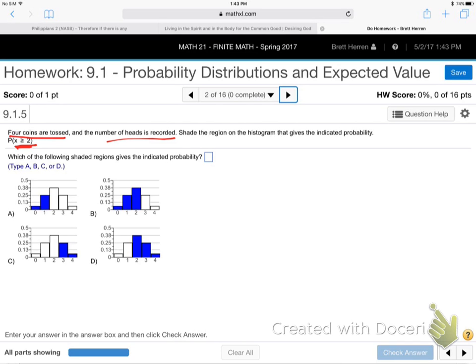Which of those 4 graphs has the shading on X greater than or equal to 2? Everybody see it's D? Because 2 and greater are shaded. That's all they want you to do. They're simply saying, can you take this statement and figure out which shading it is? We're going to get real with it in a second, but for now, just laying out the theory. X greater than or equal to 2, shading 2 to the right.